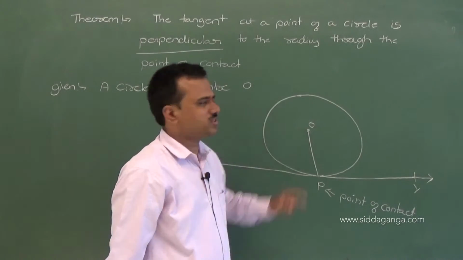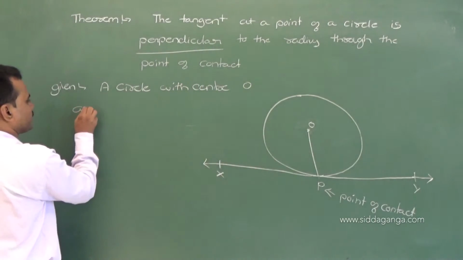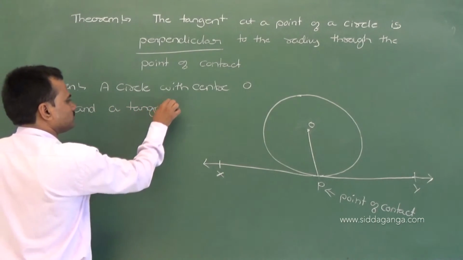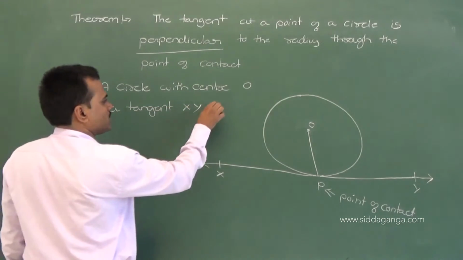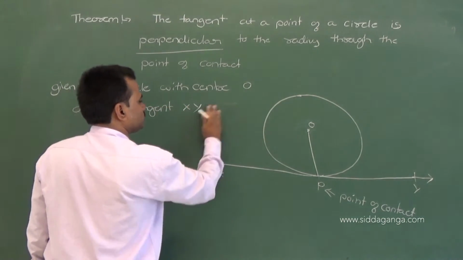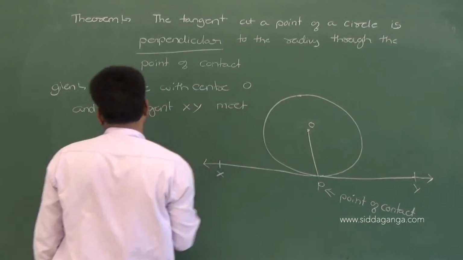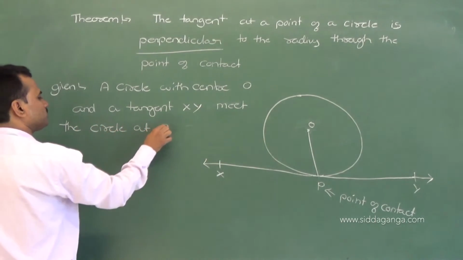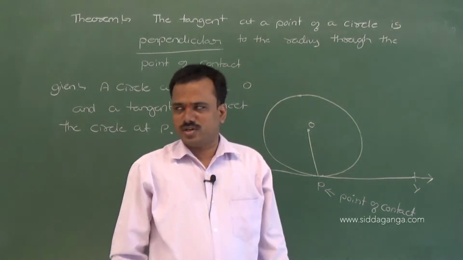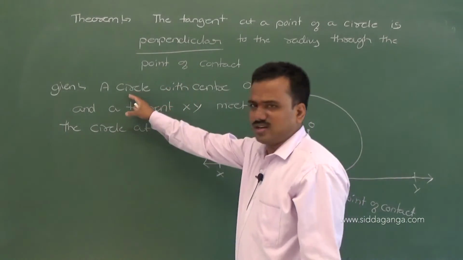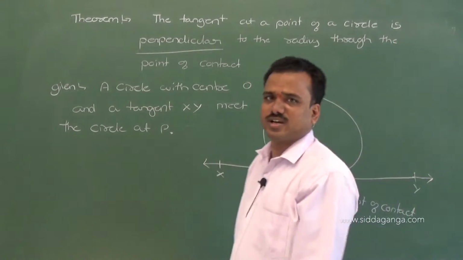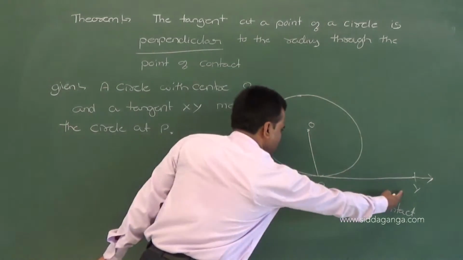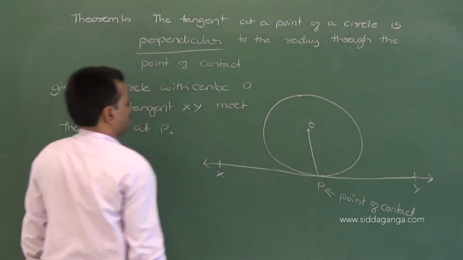A circle with center O and a tangent XY meeting the circle at P. This is given, correct? So observe here what is given: a circle with the center O and a tangent XY meeting the circle at a point P.